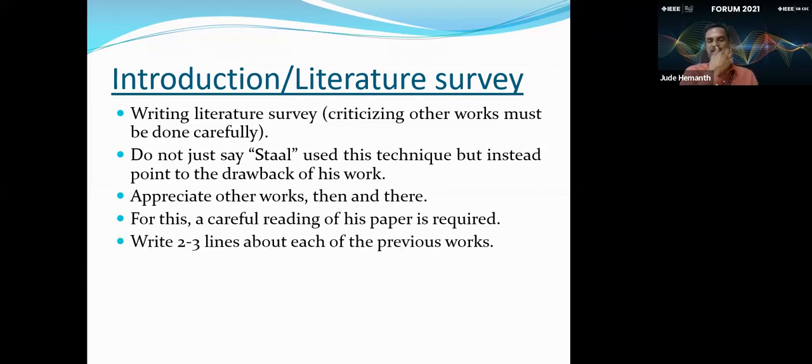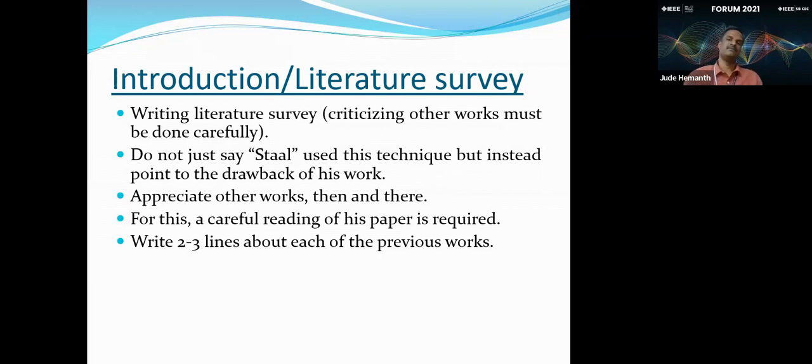So for one paragraph, I told you 12 lines. In 12 lines, you can accommodate 4 papers, not more than that. And about each paper, you should have 2 to 3 lines. In one line, you can say Stahl has used this technique. However, instead, in spite of, these are the second line which you should write to inform the negative aspects of Stahl's work.